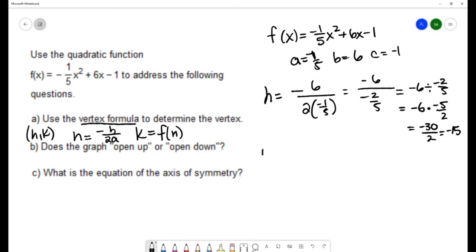Then we're going to figure out k, which is the y value of our vertex, by substituting that into our function. So we're doing f of -15. That's -1/5 times -15 squared plus 6 times -15 minus 1.